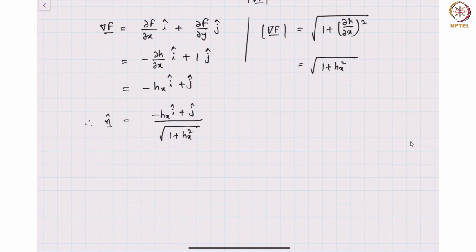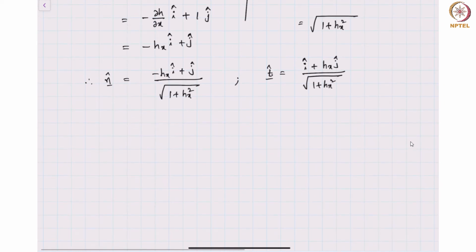That's my normal vector. I would like you to try to derive the tangent vector yourself. The tangent vector will turn out to be i hat plus hx j hat, divided by the square root of 1 plus hx square.